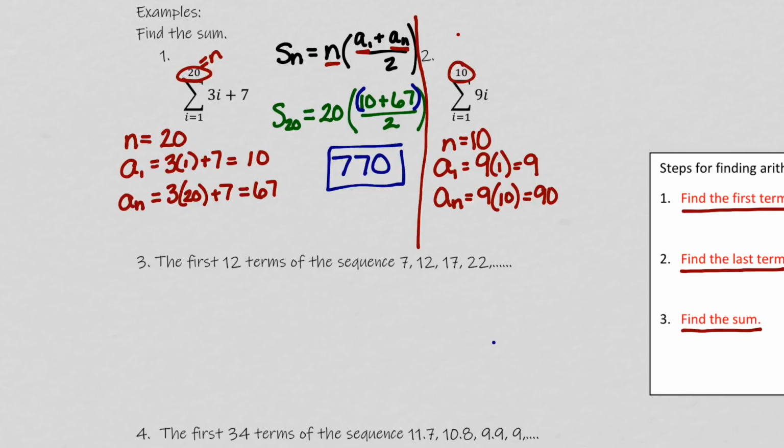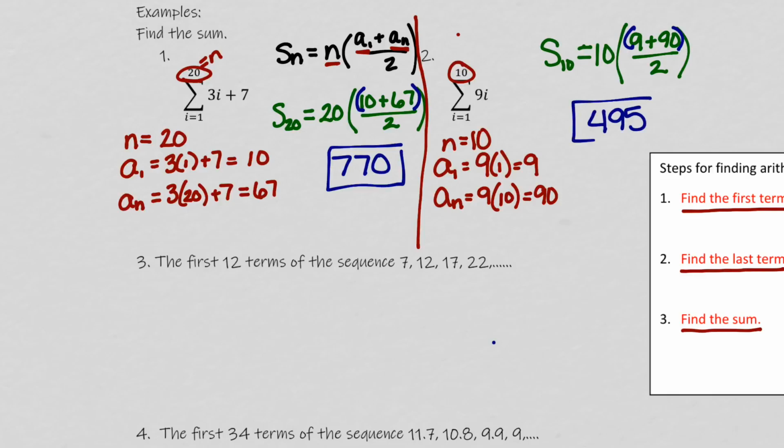We're going to plug it into our equation. The sum of the first 10 terms here equals n times the first term plus the last term divided by 2. Okay, again, if you're going to plug that all in your calculator at once, make sure that's also in parentheses, and you should get 495.